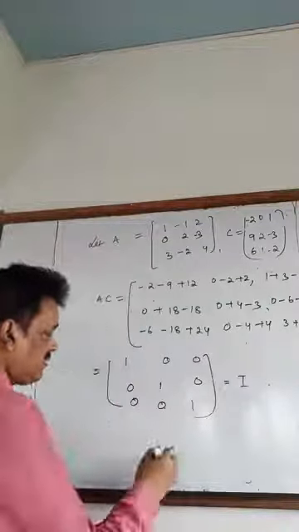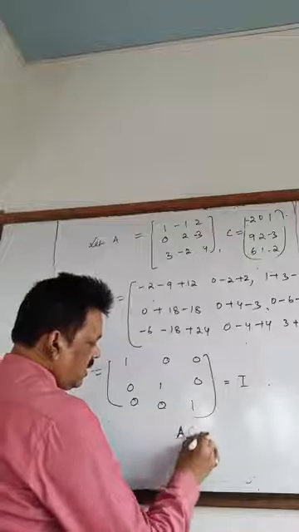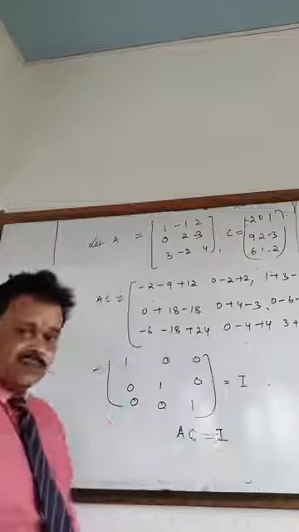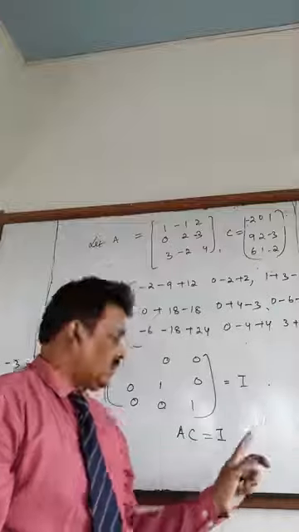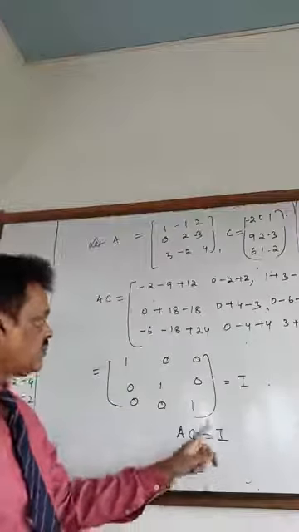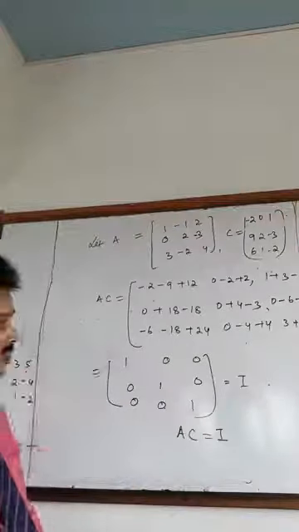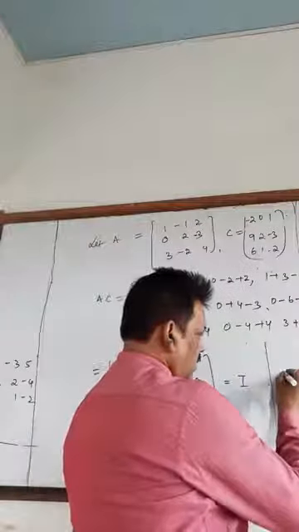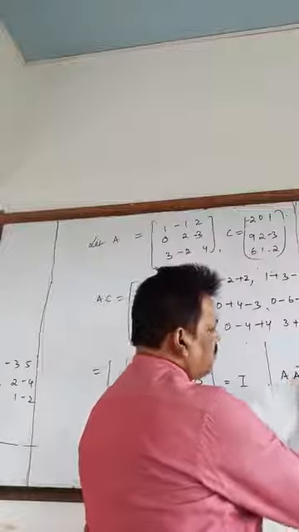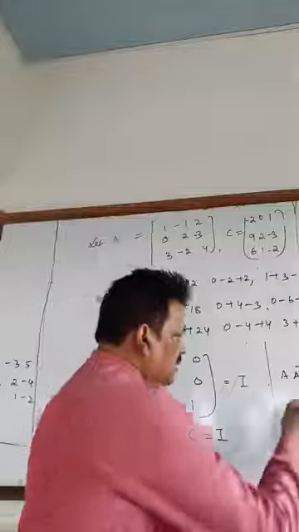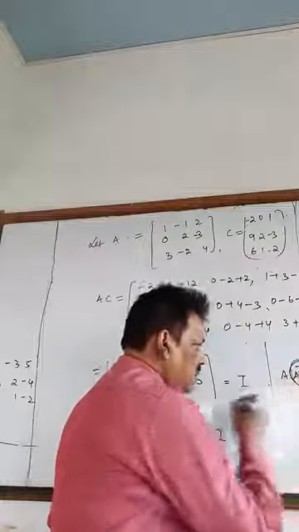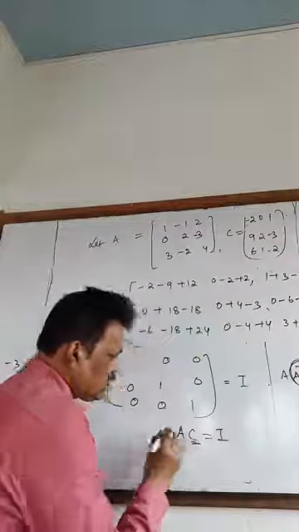So identity matrix means you got AC equals I. Notice this line. AC equals I means, because we know A into A inverse equals I, that means in place of A inverse, your C is here.